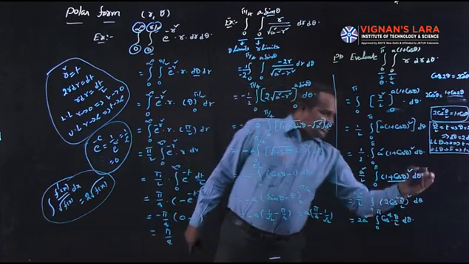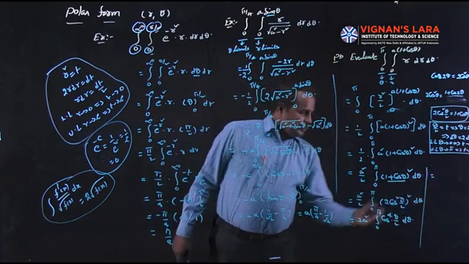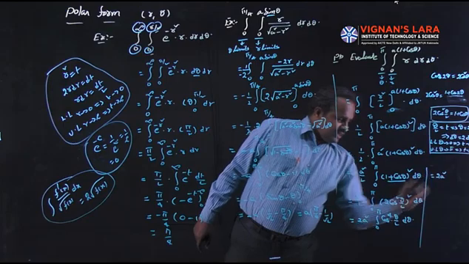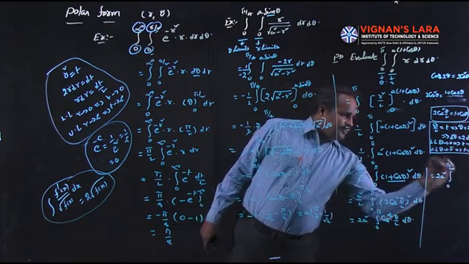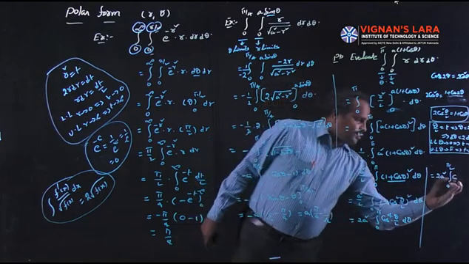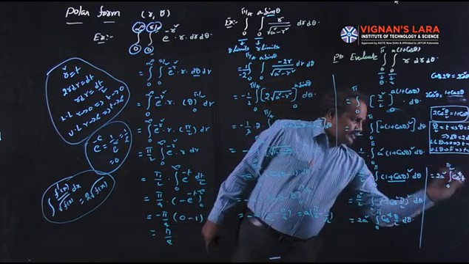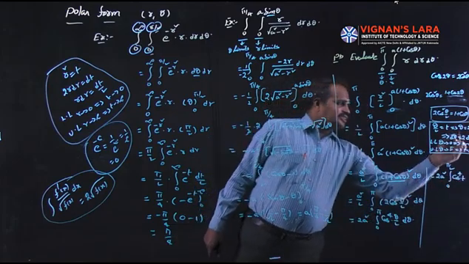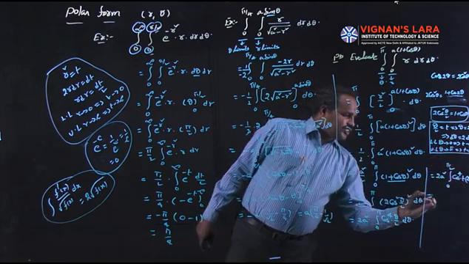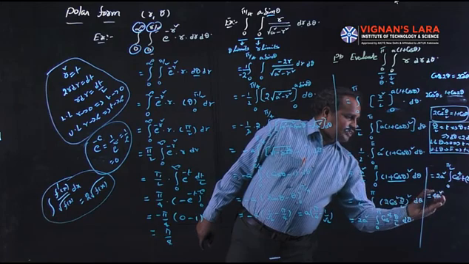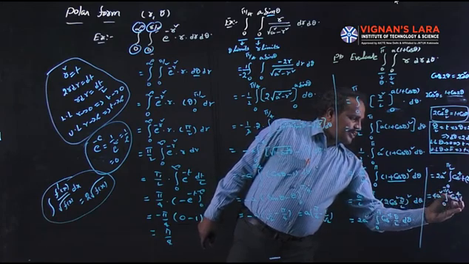Then this one changes as, which is equal to 2a square. Limits are 0 to pi, changes as 0 to pi by 2, cos power 4t. D theta value is 2 dt. This 2 right outside. So value 4a square into 0 to pi by 2 cos power 4t dt.